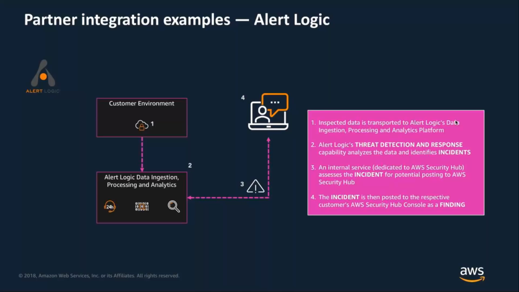It's being pushed to an Alert Logic AWS account where it undergoes further processing and analysis. And then Alert Logic only pushes the confirmed incidents to the AWS Security Hub. So the view that the customer has is a very reduced view with all the noise cut out so that they're only seeing the most actionable items that they need to deal with each day.